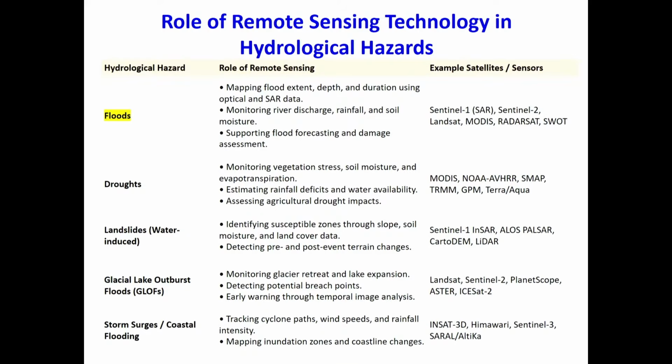In case of coastal floods or storm surges, right from the cyclogenesis, tracking cyclone paths, wind speeds, rainfall intensity, and subsequently after the landfall, the mapping of inundation zones and coastline changes. So these different dimensions or different kinds of requirements can be fulfilled by these sensors.